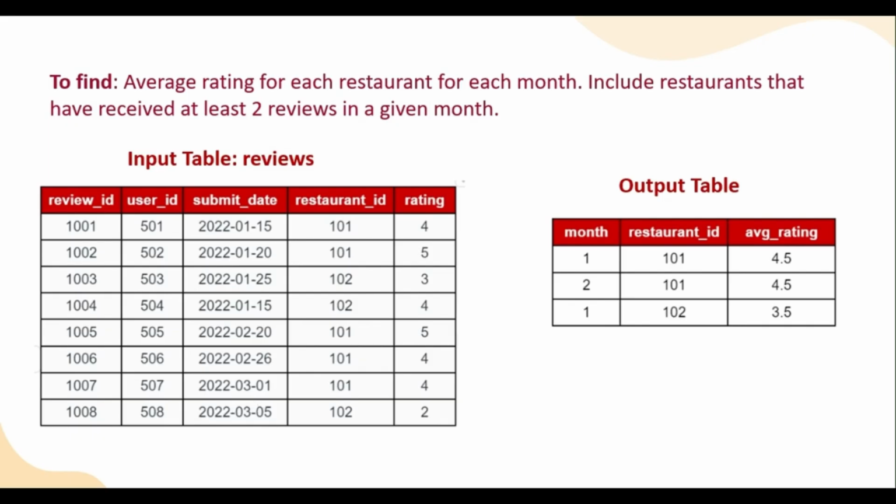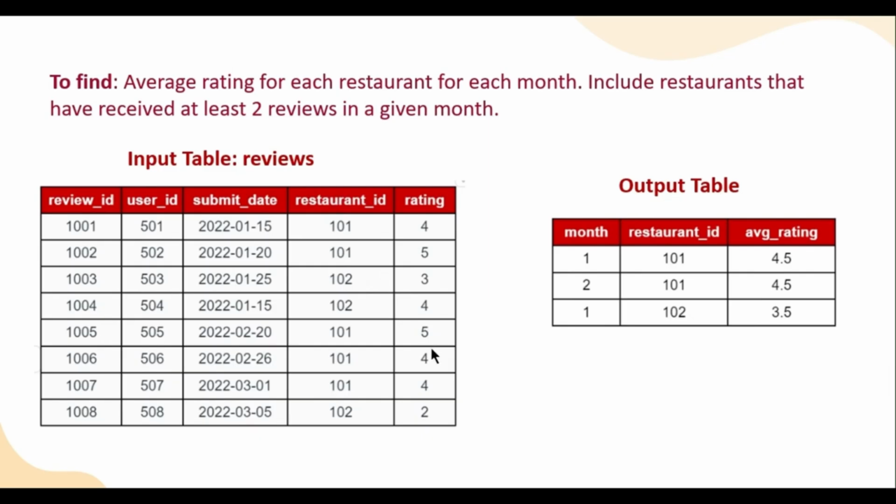Since we only want to include the restaurants that have at least 2 reviews in a given month, we will not include March, and we will only include January and February, months 1 and 2. And as you can see, we have only that in our output, with months 1 and 2 having restaurant ID 101 with the average rating.